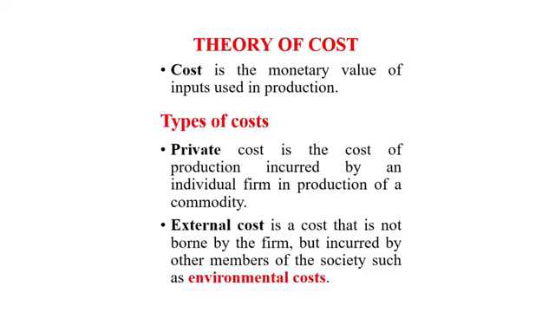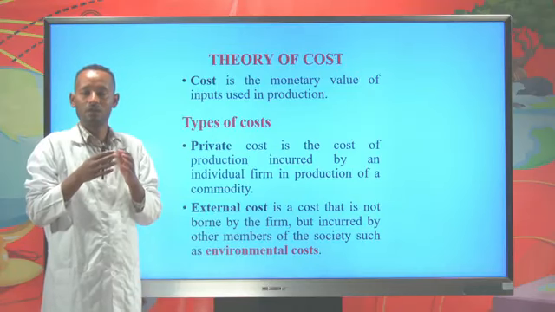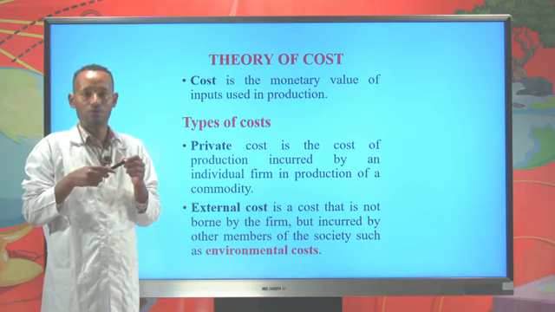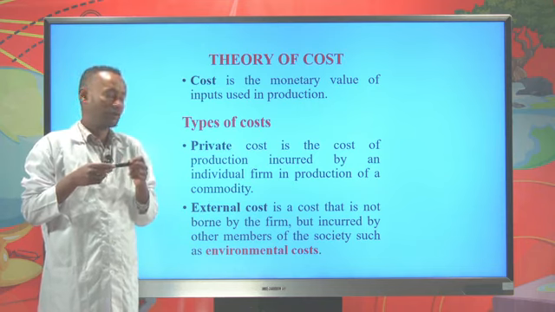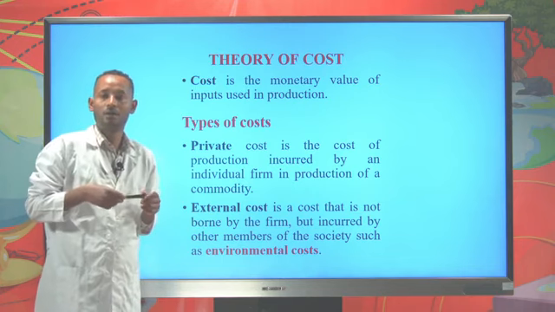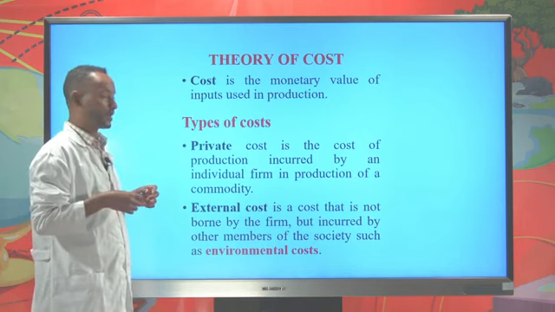When there is production, there are environmental problems associated with the production of a commodity, such as land pollution, soil pollution, noise pollution, and the like. These costs are incurred by members of the society. These costs are considered external cost.